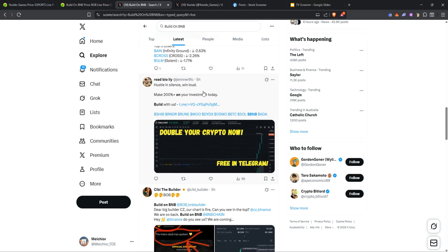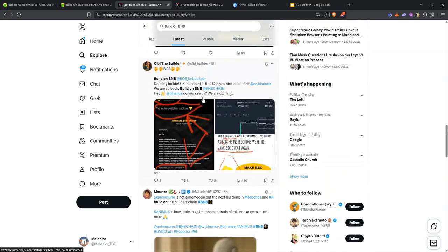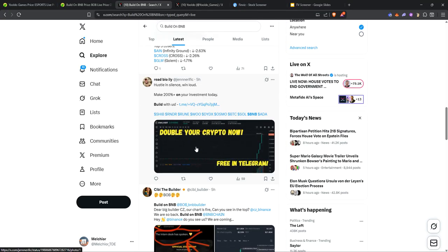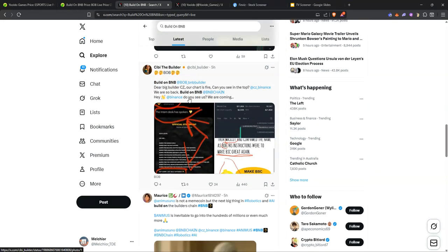Fundamentals. Yeah, nothing, no fundamentals. This sort of stuff is red flags. This isn't about Build on BNB specifically, but in general these types of tweets are to me red flags.